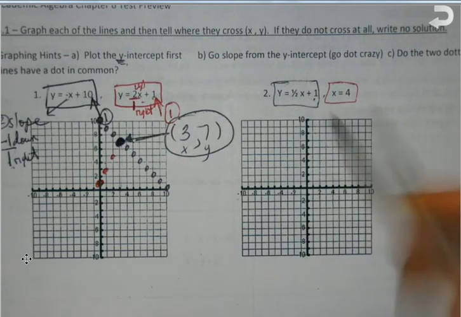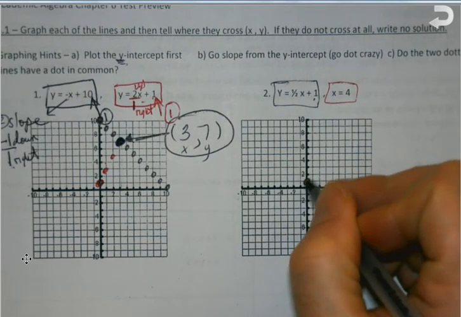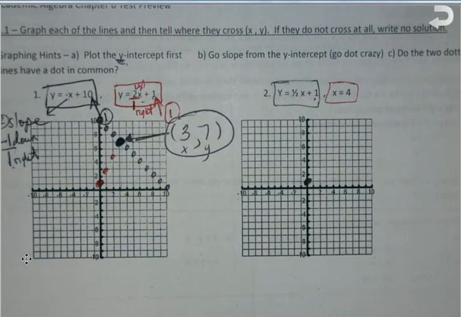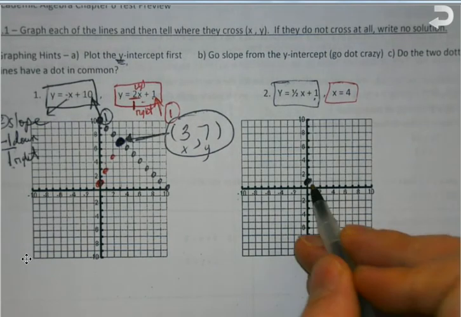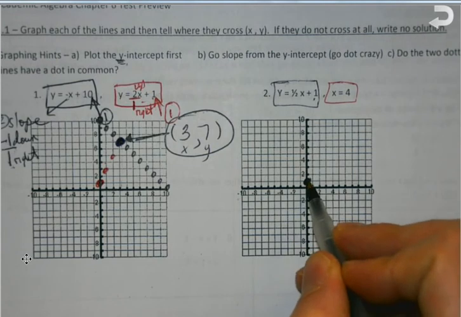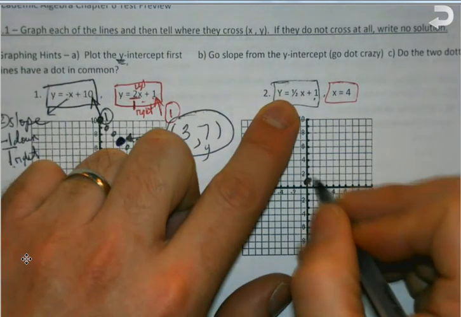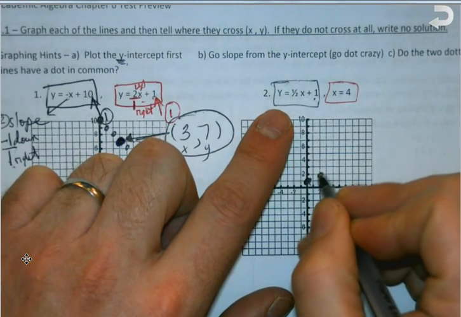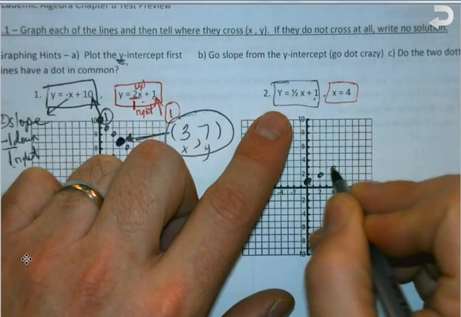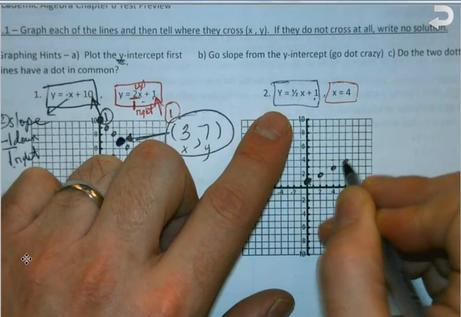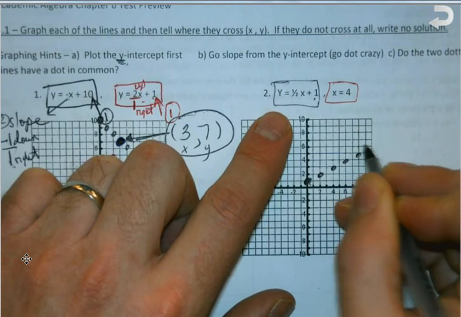Okay, 1, which is going to be up. So once I go up 1, where am I going to be going from there for my slope? Up 1 and right 2. So up 1 and right 2, just being careful to make sure we're going good.